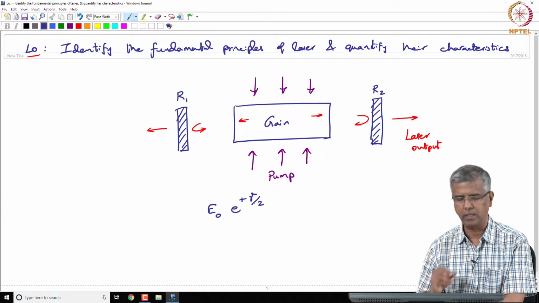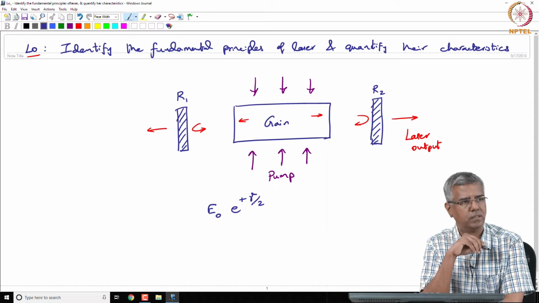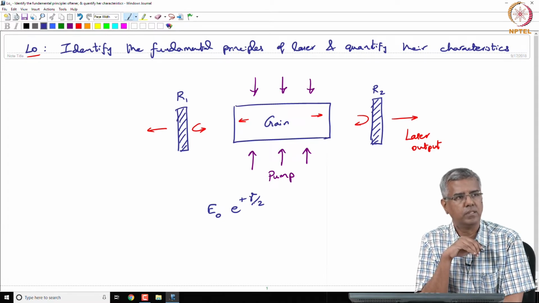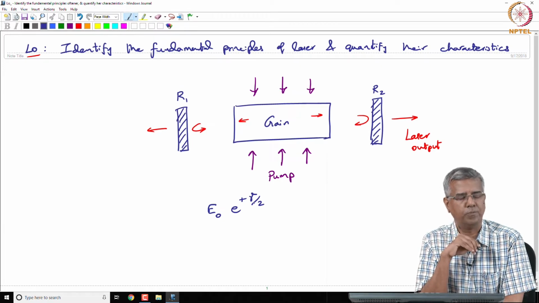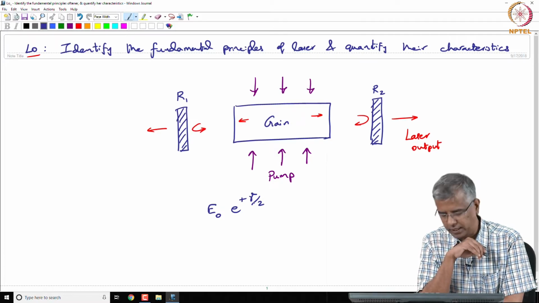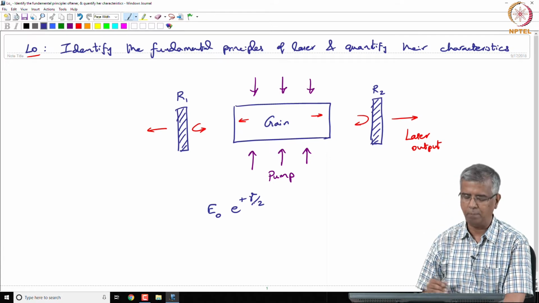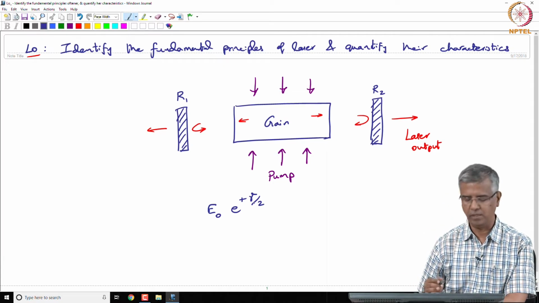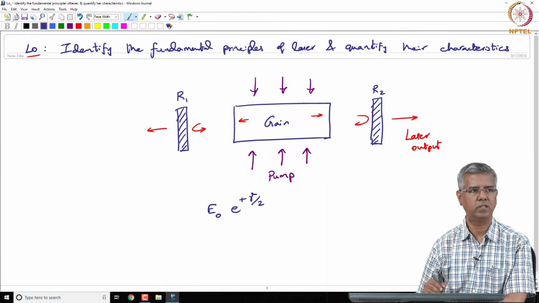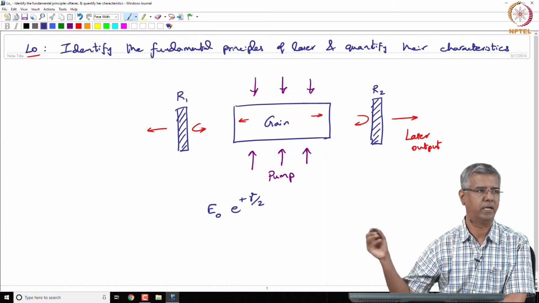So, since we are dealing with the fields instead of power values, the actual gain that you get is gamma by 2. If I was tracking power, I would basically say P naught times e power gamma times the length, right.